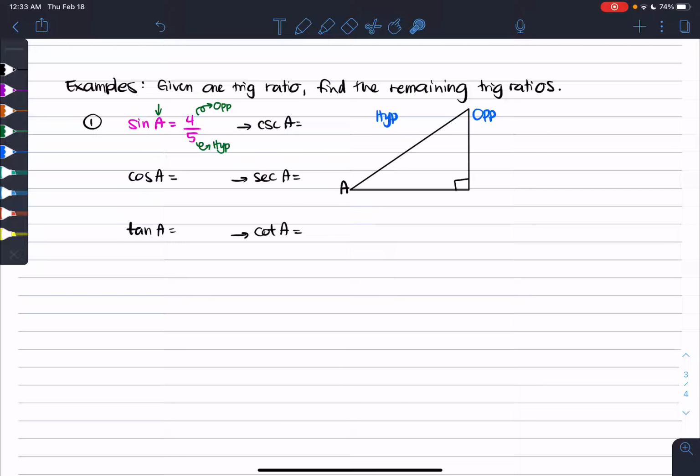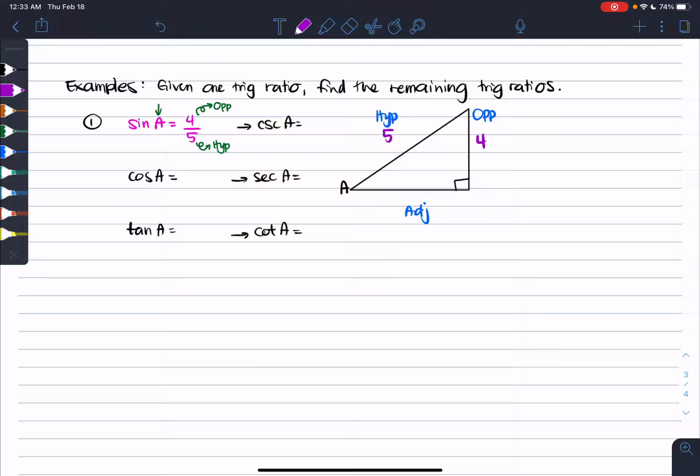And the side next to A, or adjacent to A, is this one down here. Knowing that the sine of A is 4 over 5, we know that 4 is the opposite length and 5 is the hypotenuse.